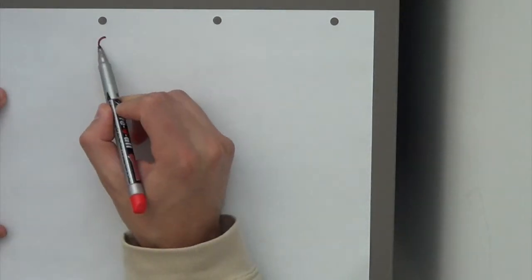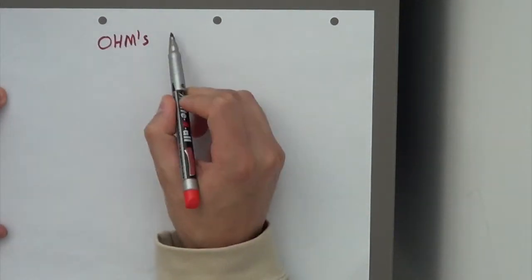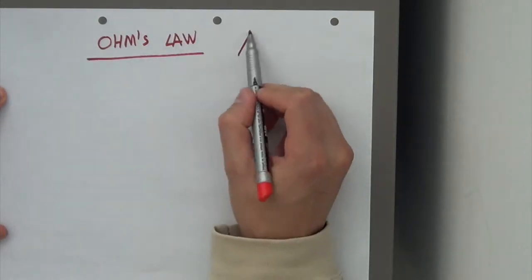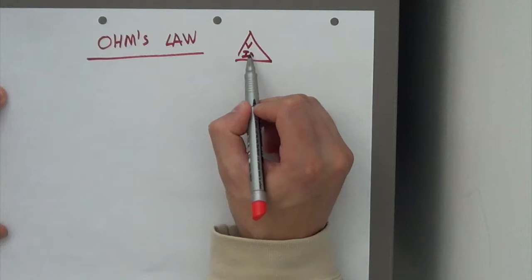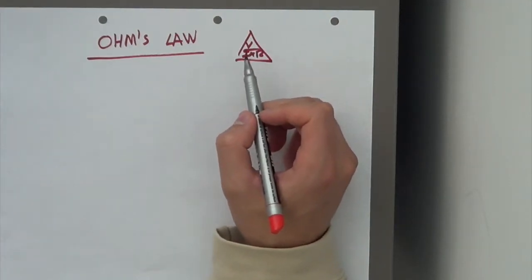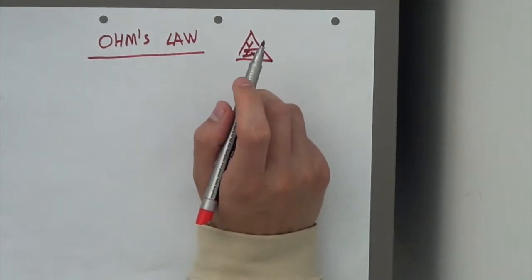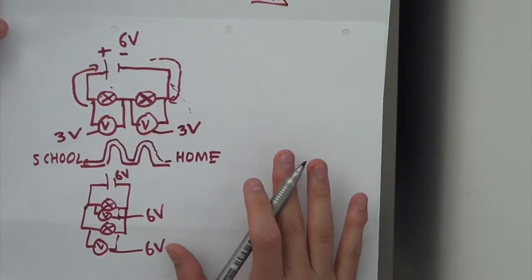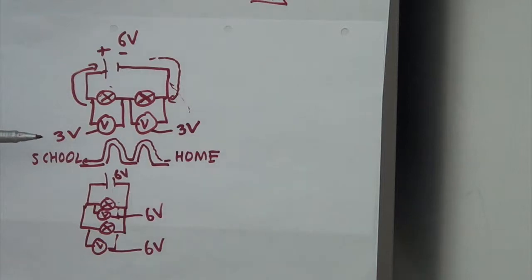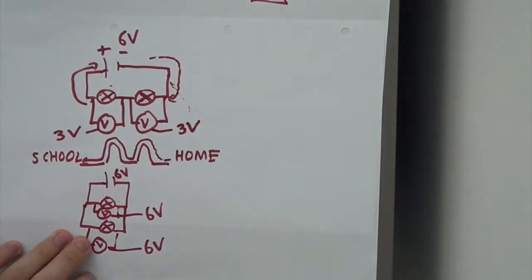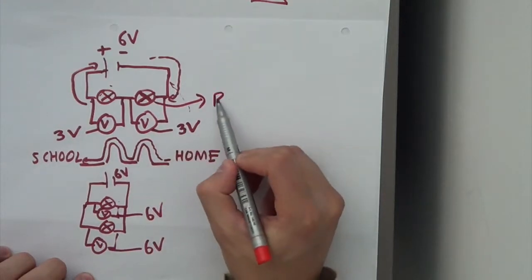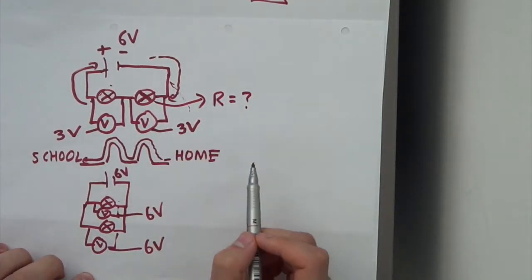In this lesson, we're going to be looking at Ohm's law, and this equation here. If I go back to my examples in my previous video, which was how voltage and current behave in series and parallel circuits, I want to work out the resistance of this lamp.